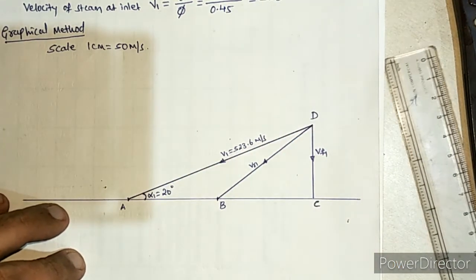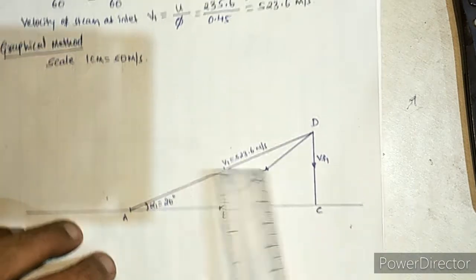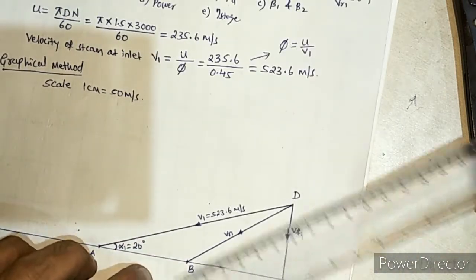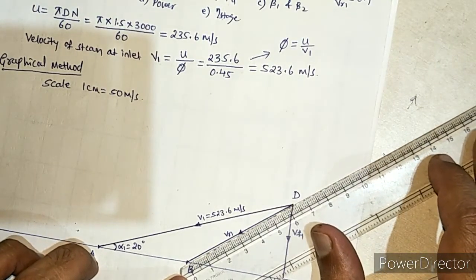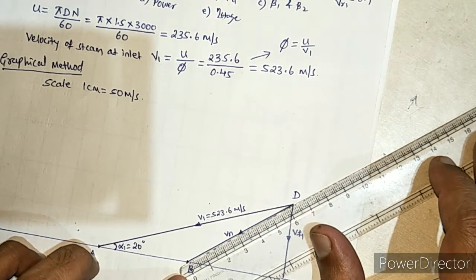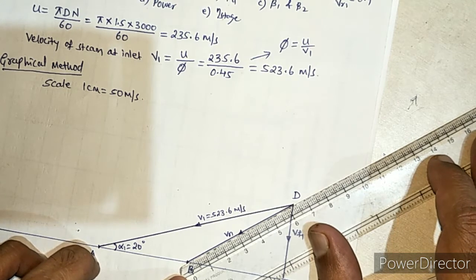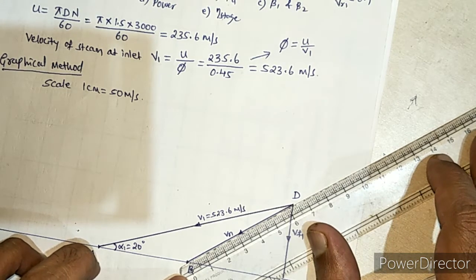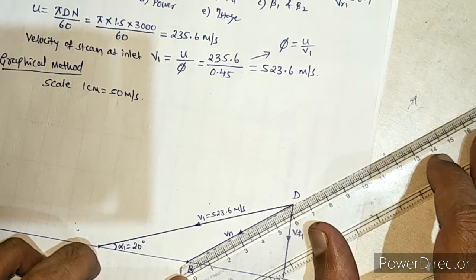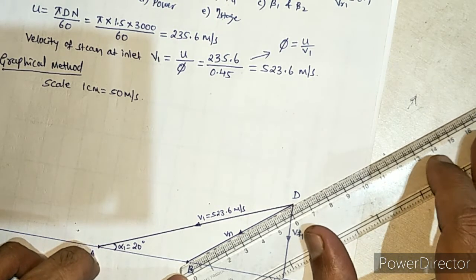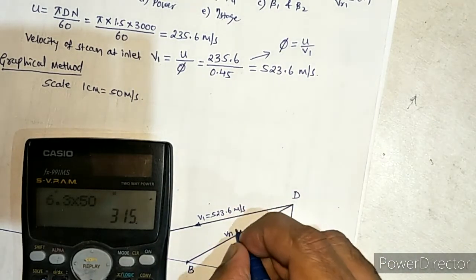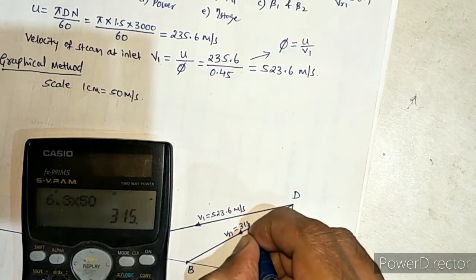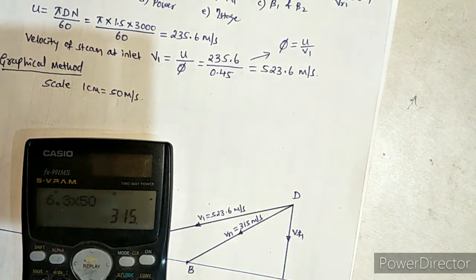Okay, now I am going to measure the length of VR1 and multiply it with the scale in order to get the magnitude of that line. So for VR1 the length is 6.3 centimeters. So 6.3 into 50, I will get VR1 is equal to 315 meters per second.